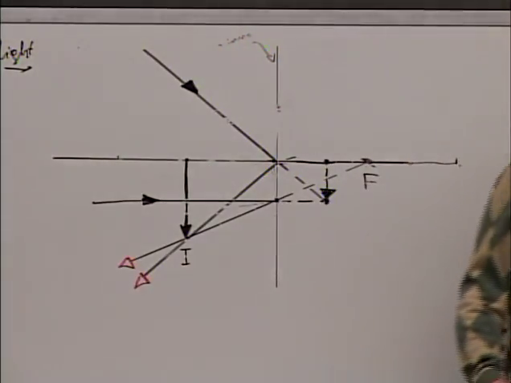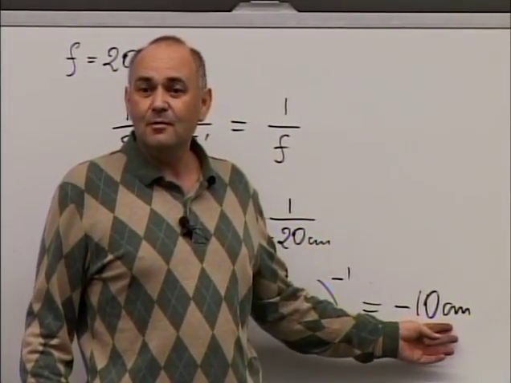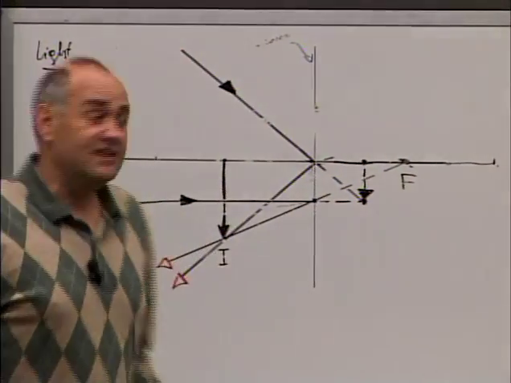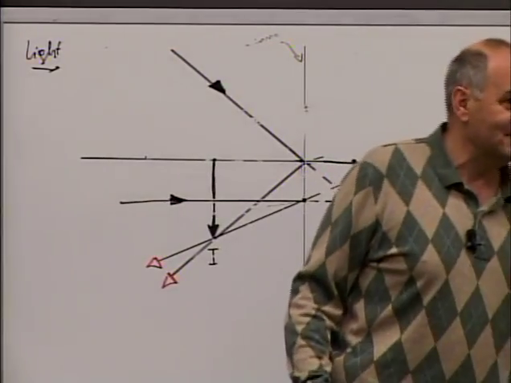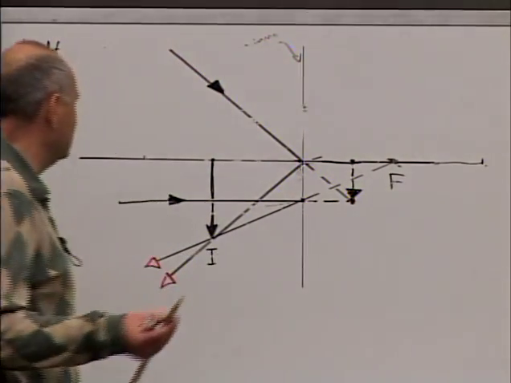It also agrees with the calculation, right? We found that the position of the object is supposed to be minus 10 centimeters. Minus 10 centimeters means behind the mirror, and we had it over here behind the mirror as well.